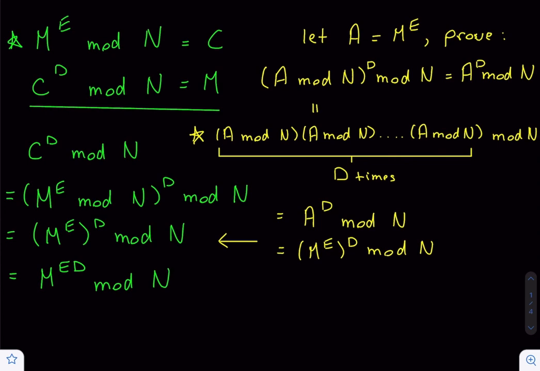Now for the next part of our proof, we need to find an alternative way of expressing ed. Now, if you're familiar with RSA, you know that d is chosen such that ed mod phi n is equal to 1.